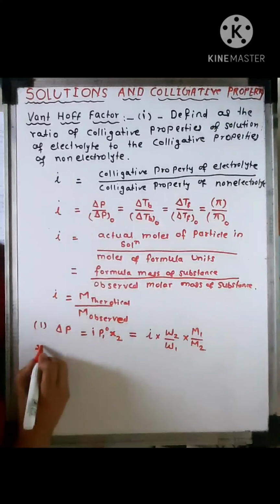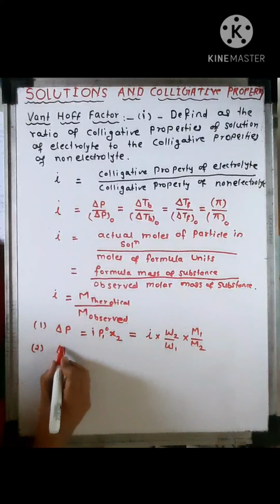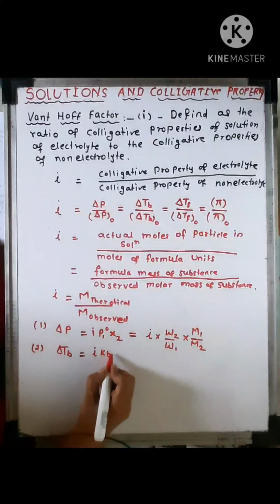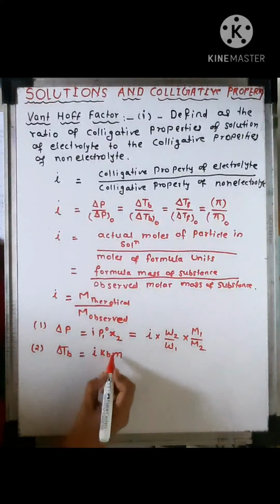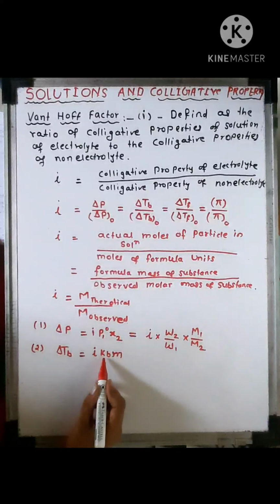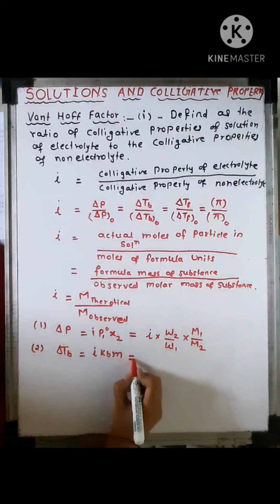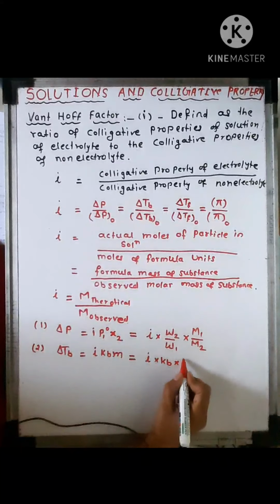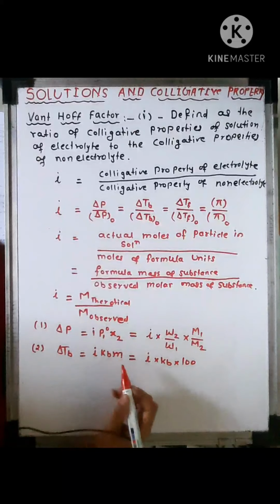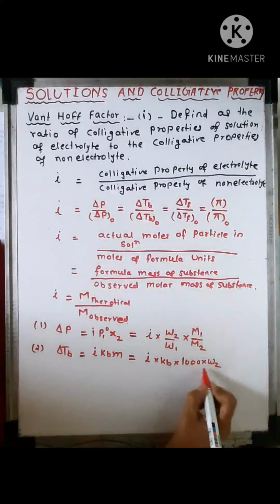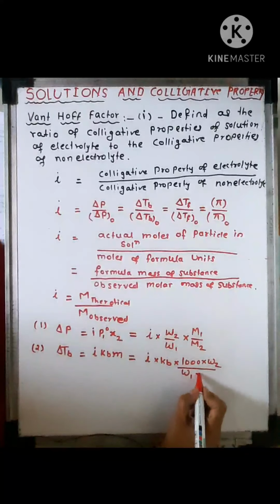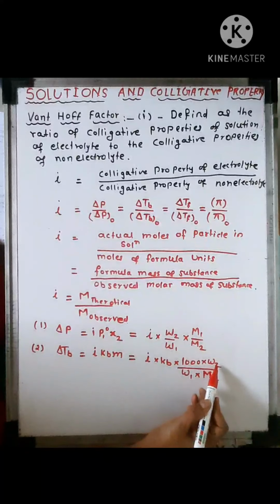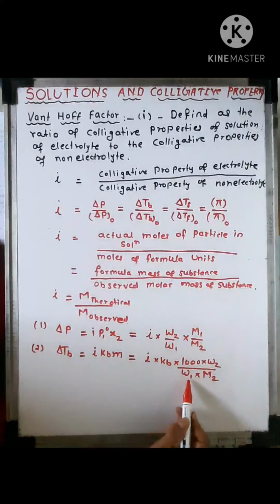Then second property is delta TB. Delta TB is equal to I into KB into M. M is molality, KB is ebullioscopic constant, I is Van 't Hoff factor, and we can write I into KB into 1000 into W2 upon W1 into M2, where M2 is molar mass of solute, W2 is given mass of solute, and W1 is given mass of solvent.